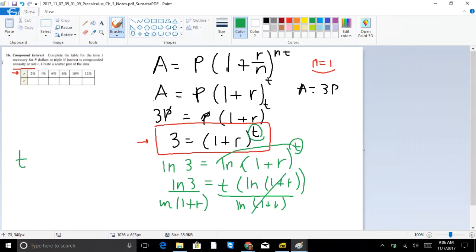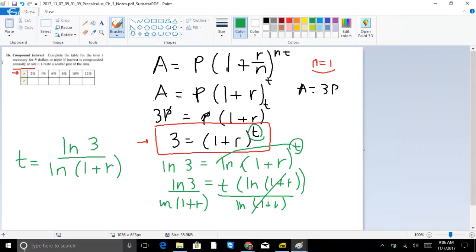I get t equals the natural log of 3, remember, because we're trying to figure out tripling, over the natural log of 1 plus r. Okay, and we have a table that we want to fill in, right? And we have different values of r that we want to evaluate this function for.